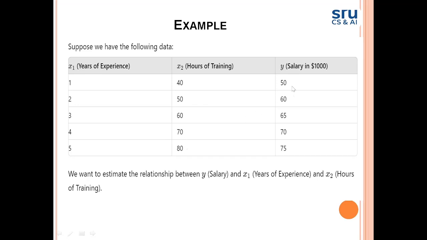Then y is the salary in thousand dollars, here 50, 60, 65, 70, 75. We want to estimate the relationship between y, the salary, and x1, the years of experience, and x2, the hours of training.